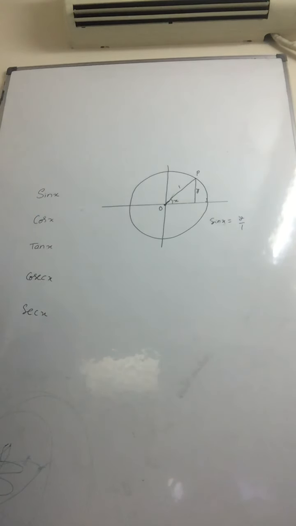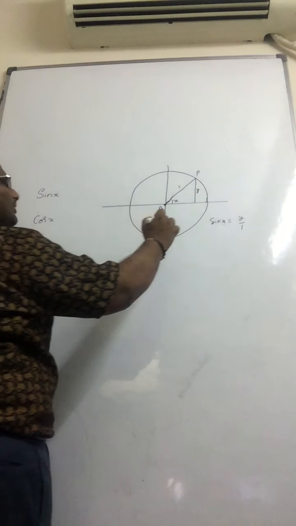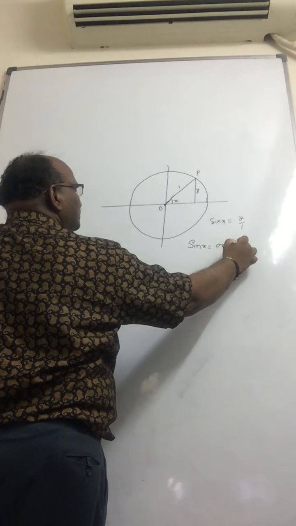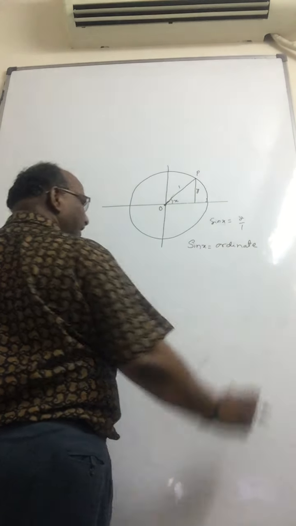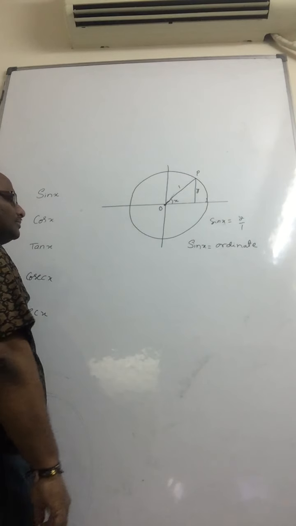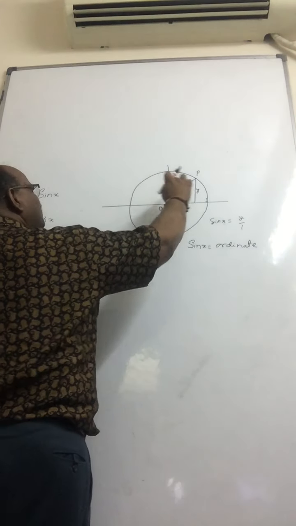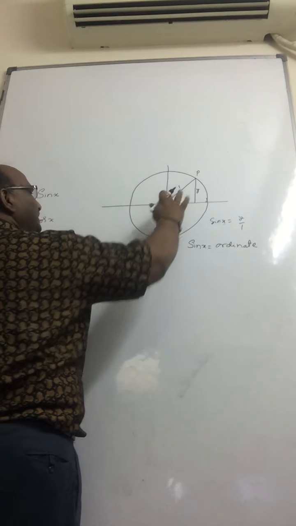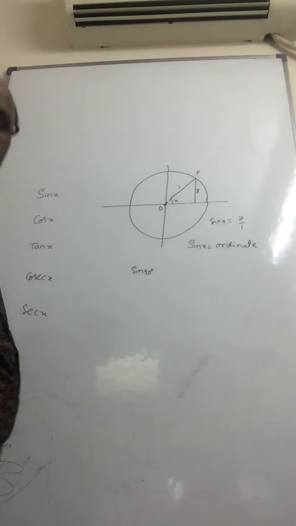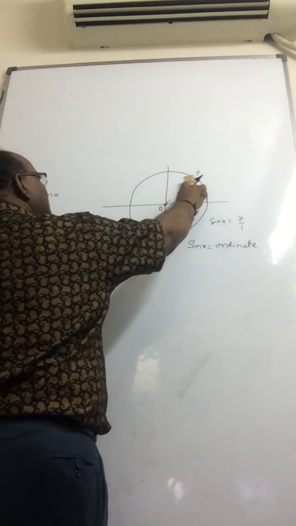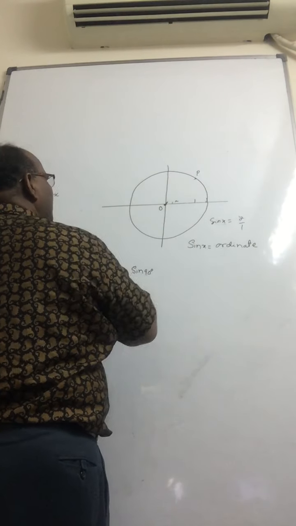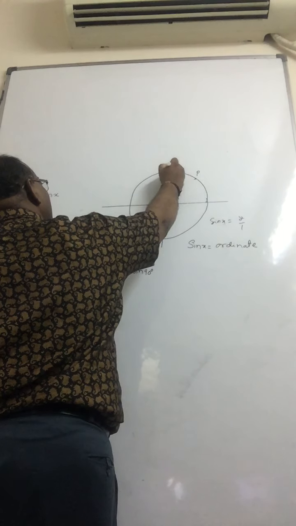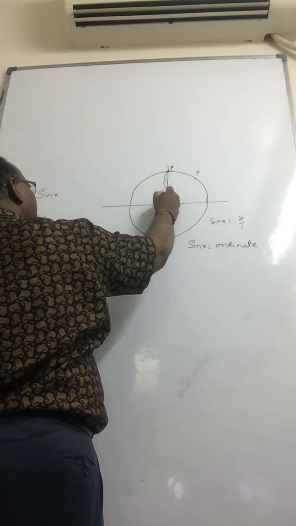But for all angles, how they define the sine function is: sin x is simply the ordinate. That means sin 90 degrees, this point comes here, the y value is 1.